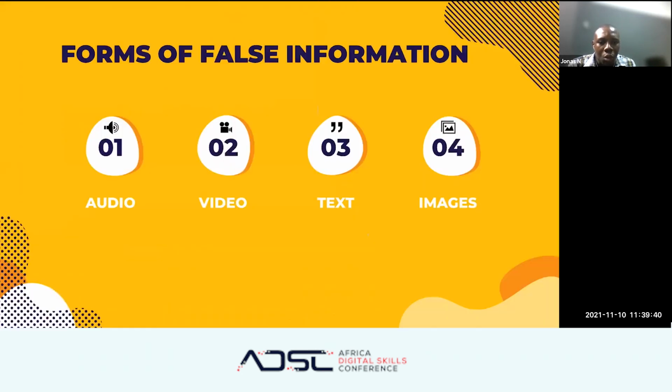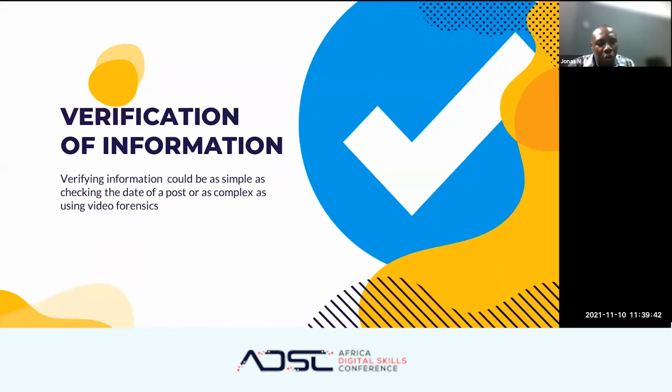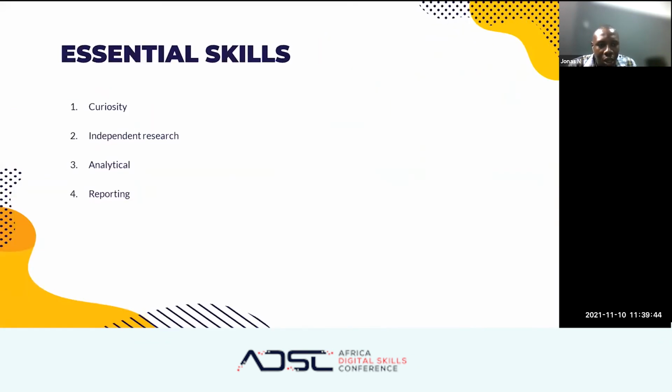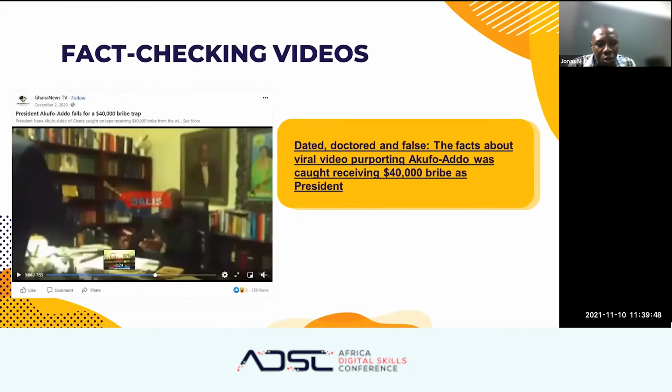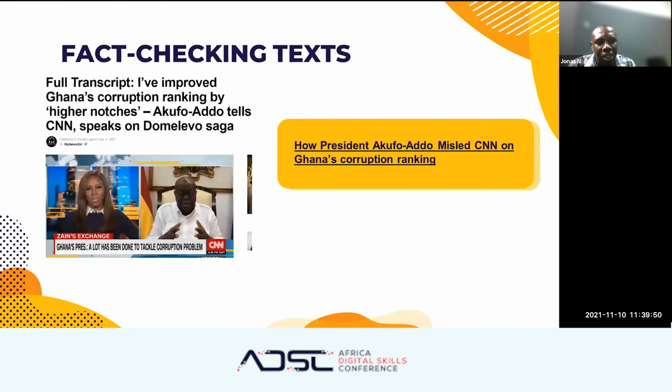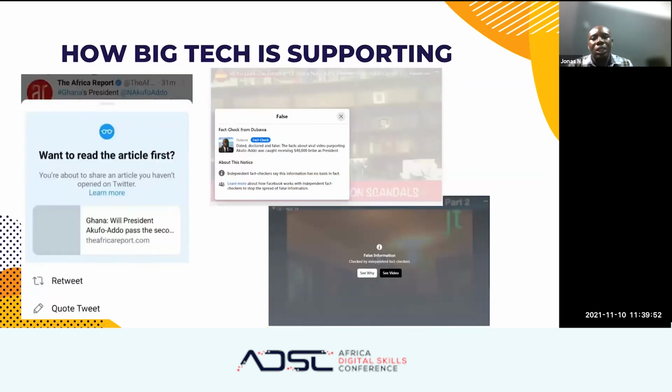So with some of the tools we've talked about, we talked about the Google reverse image search, the InVID verification tool, and also the Wayback Machine and how it works. And the good thing is that these days, Facebook, Twitter, and a lot of the social media platforms are helping.